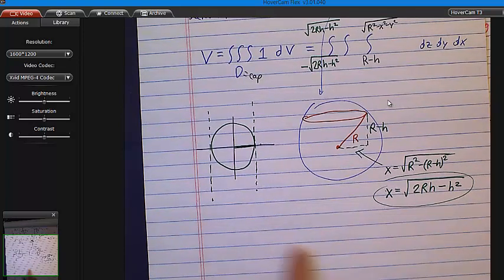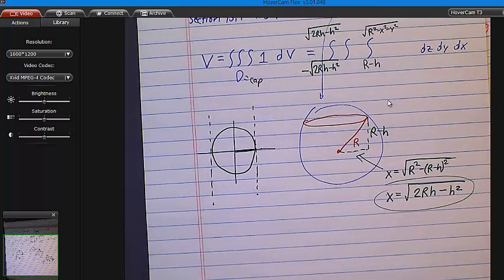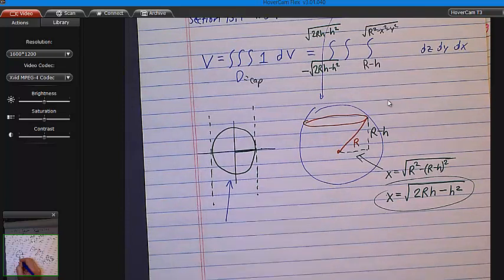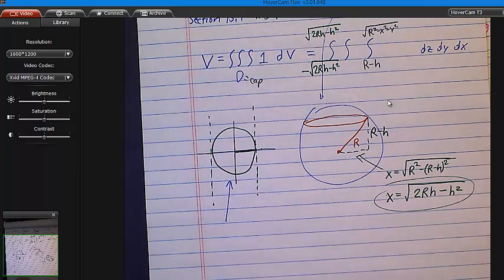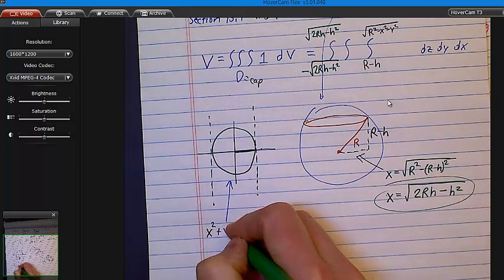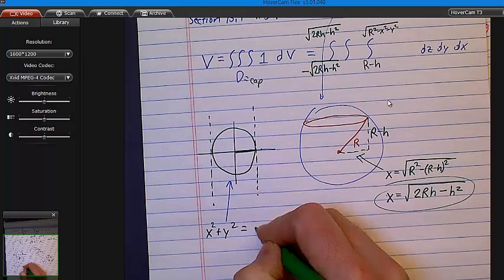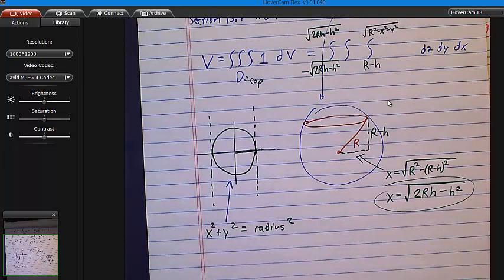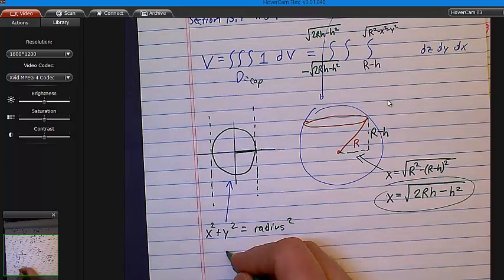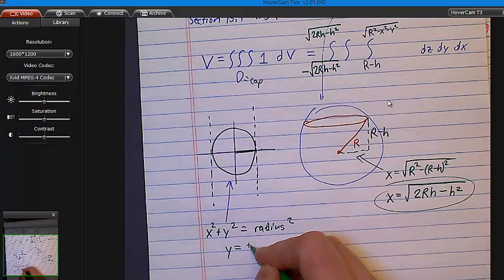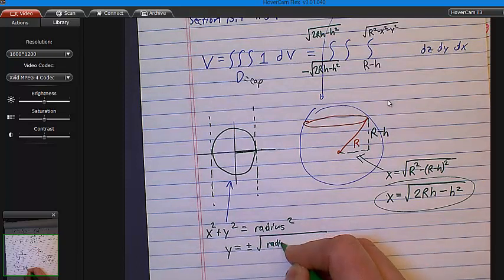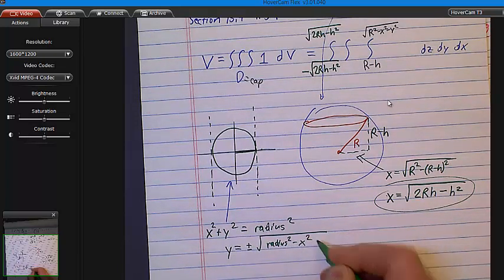Well, sure I can, because we know that the equation of that circle would be x squared plus y squared equals, well, I'll just say radius squared, because I already used capital R. I'm worried I might have already used lowercase r. Okay? So what does y equal? y equals plus or minus the square root of radius squared minus x squared. And that's the radius squared.